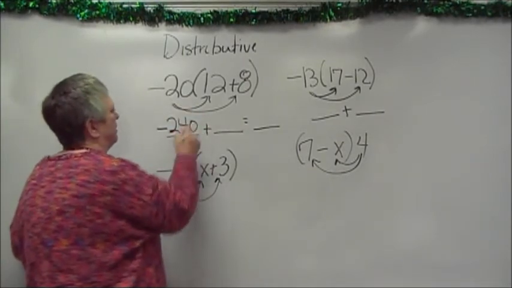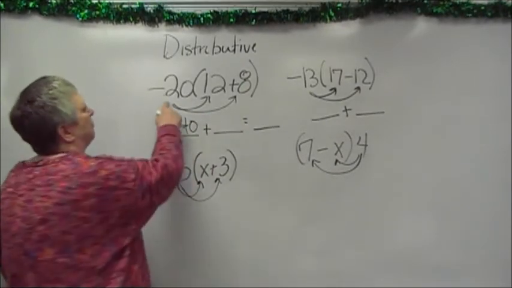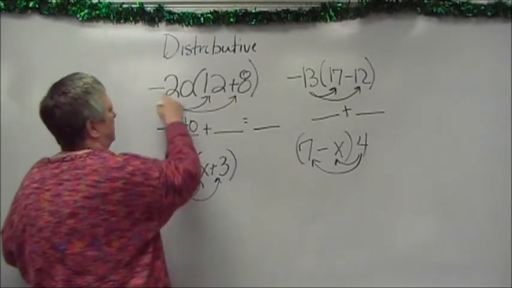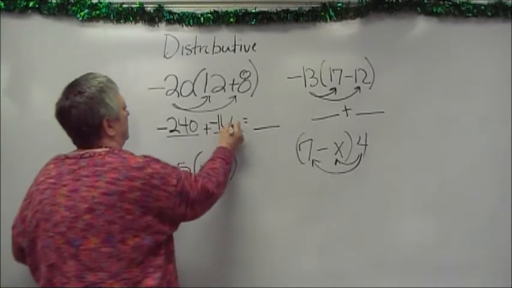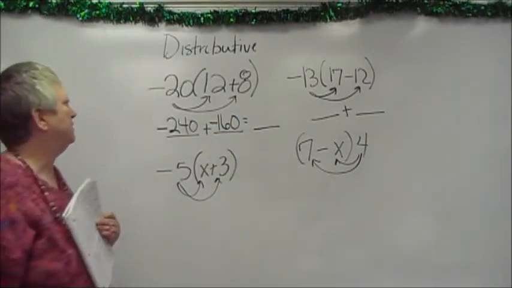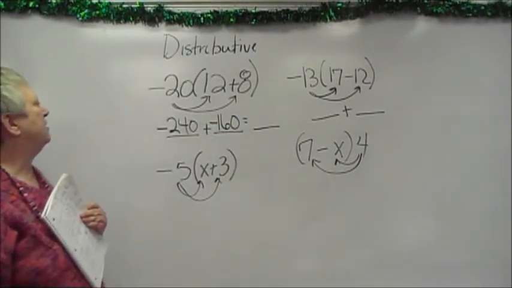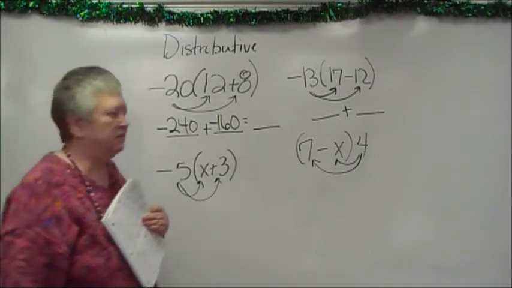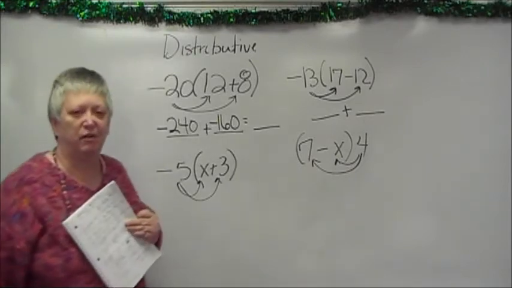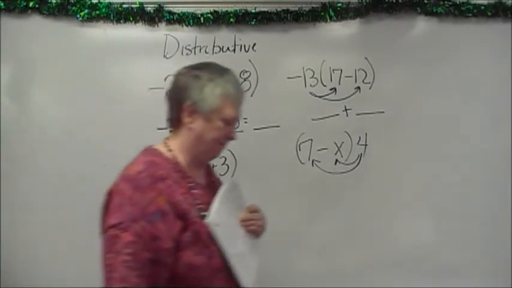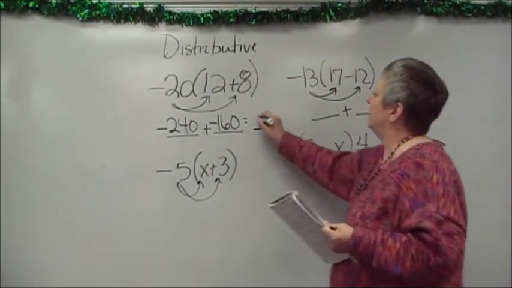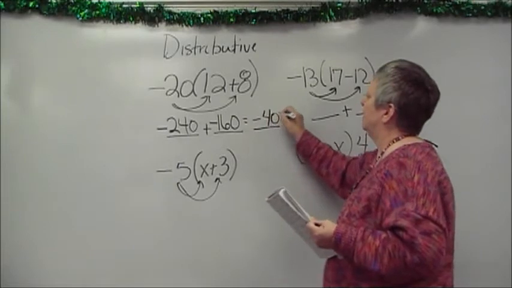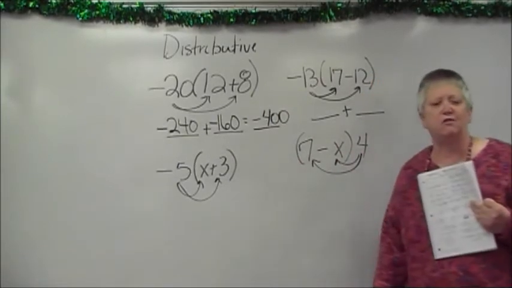And then there's a 0, so that's 240. 20 times 8, we have a negative again. 2 times 8 is 16, and you add a 0. So now what's negative 240 plus a negative 160? If you said negative 400, you are correct.